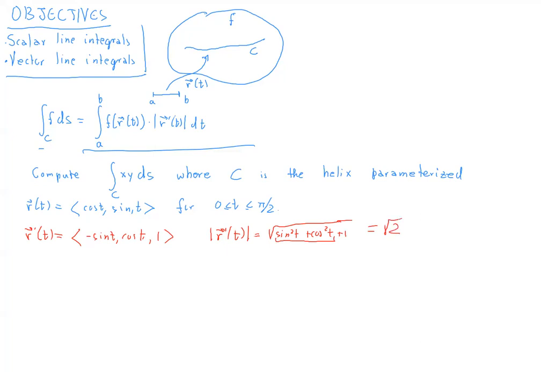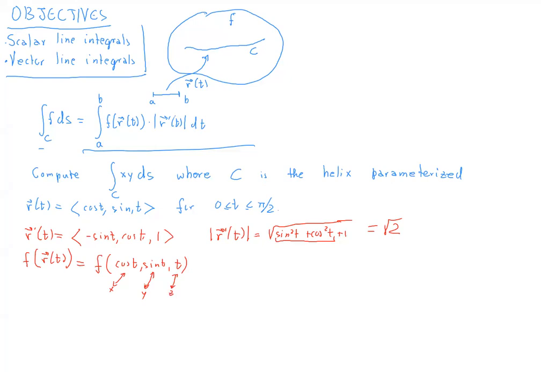And then we have f of r of t is going to be equal to f of cosine t comma sine t comma t, which means wherever you see an x, you have to put cosine t. Wherever you see a y, you have to put sine t, and wherever you see a z, you have to replace it by t.